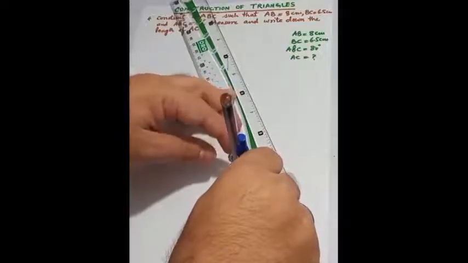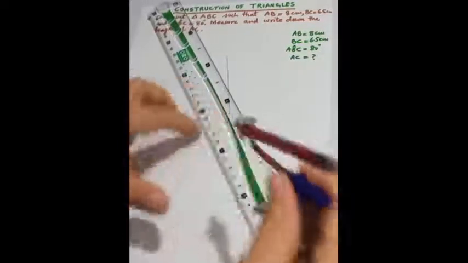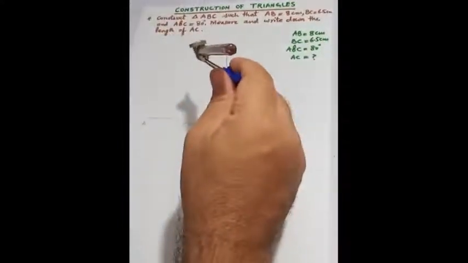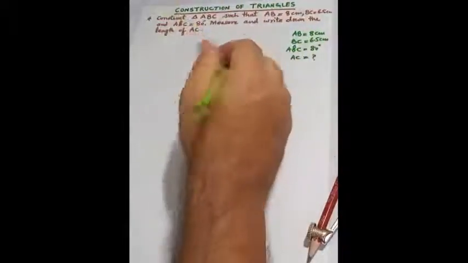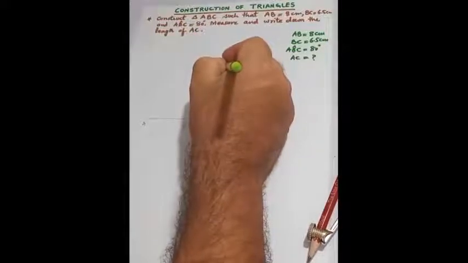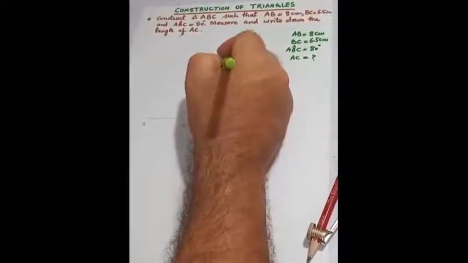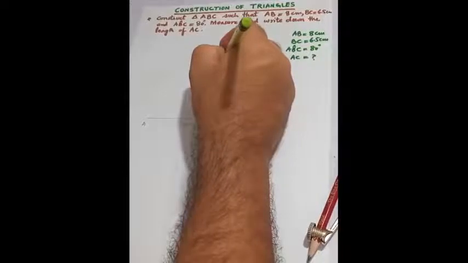Yes, it's 6.5 centimeter. Now taking B as a center, draw an arc of length 6.5 centimeter. Students, here we have a point C. We have constructed the point C here.